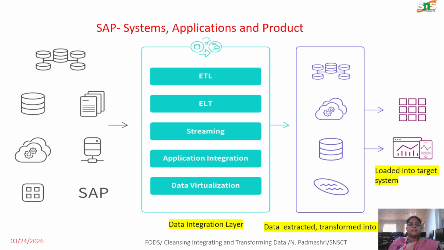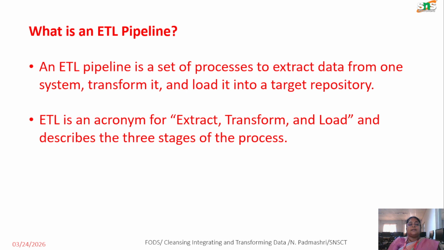We will see in detail what an ETL pipeline is. The acronym ETL stands for extract, transform and load. It is a pipeline with a set of processes to extract the data from one system, transform it into another, and load it into the target directory, or we can call it a repository.